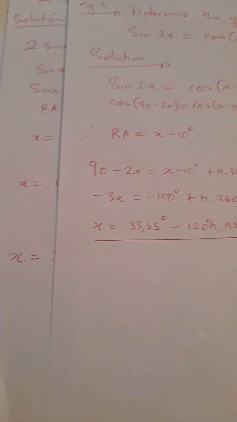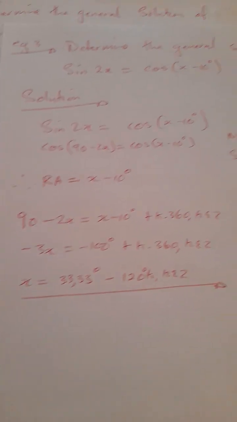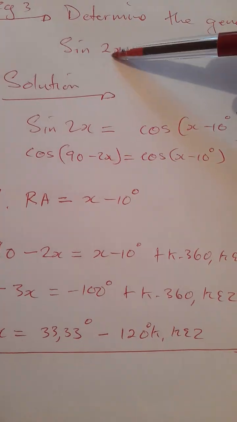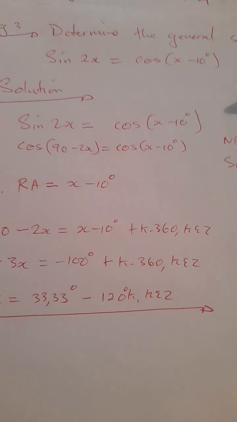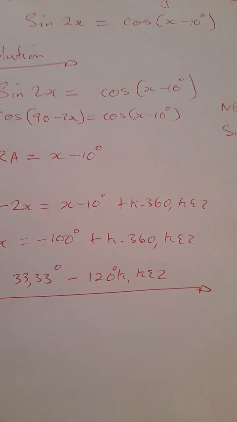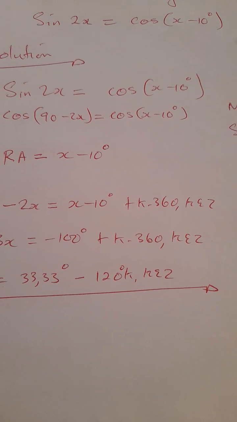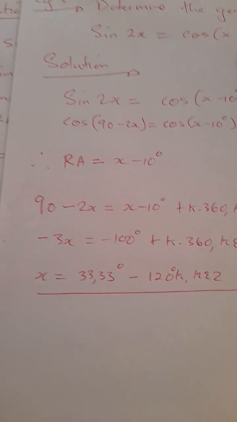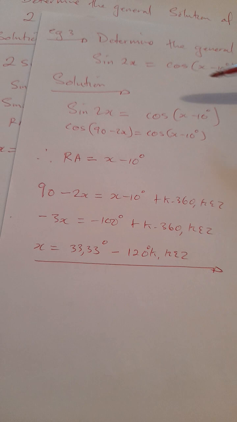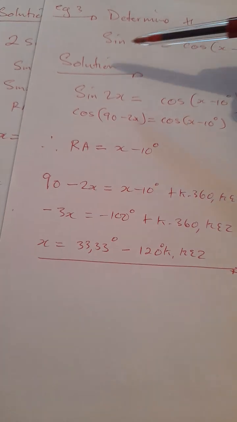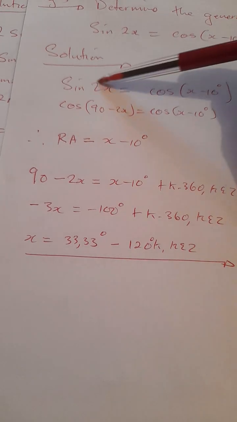Then lastly, you are given sine 2x is equal to cos of x minus 10 degrees. At this stage, you know your cofunctions. Now, finding the general solution: what you need to do here is change this sine 2x.